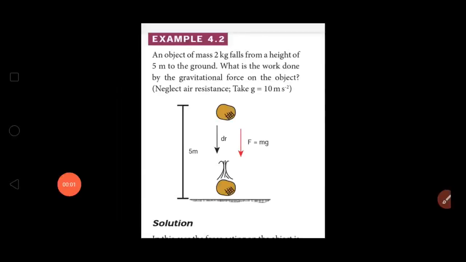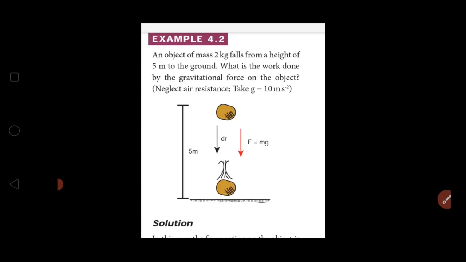Related to this, we'll see one problem, example problem number 4.2. An object of mass 2 kg falls from a height of 5 meter to the ground. What is the work done by the gravitational force on the object? Neglect the air resistance, and take the acceleration due to gravity as 10 meter per second square.